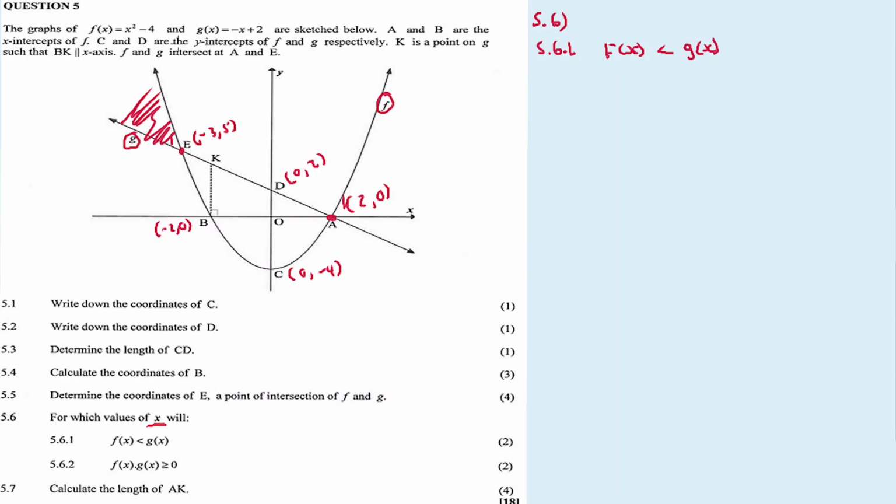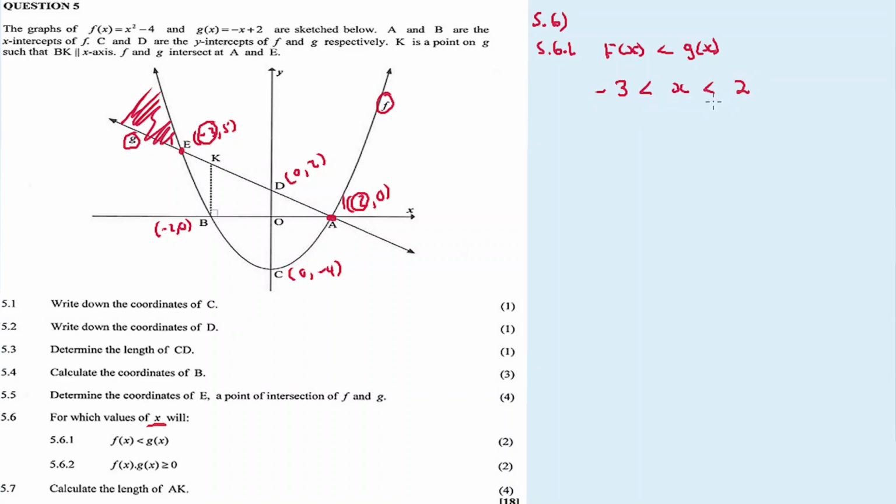So our answer lies between E and A. But the x values that make f of x less than g of x are between minus 3 and 2. So our answer is minus 3 less than x less than 2. It's between negative 3 and 2.